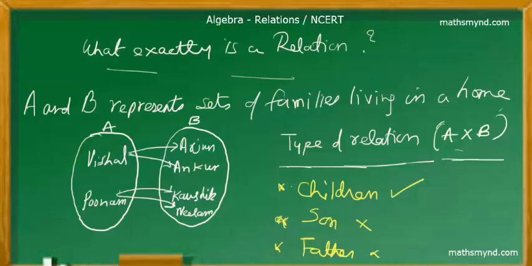So that's a specific case of a typical relation, and here you can see that the parents are put in a particular set A, and the children are allotted a different set B, and there's a relation going from set A to set B.